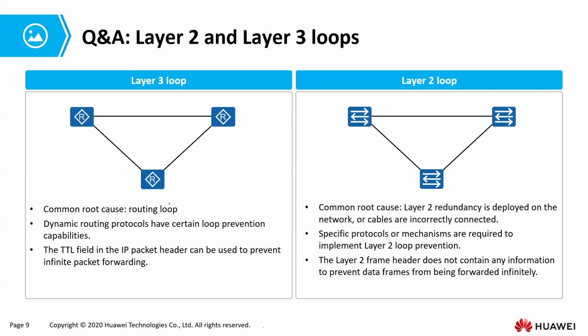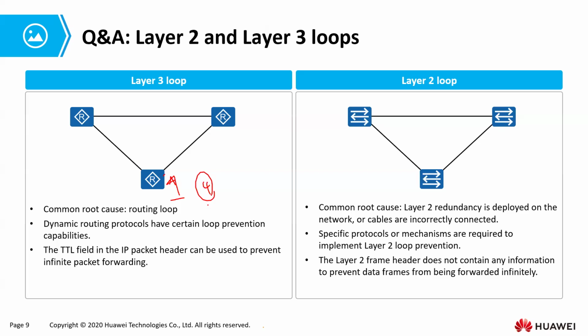How does it work? We have the TTL field, which decrements at every hop. So let's say I have a packet here. Let's call this router 1. The packet has a field called TTL. Let's say the number is 4, so our TTL starts as 4.